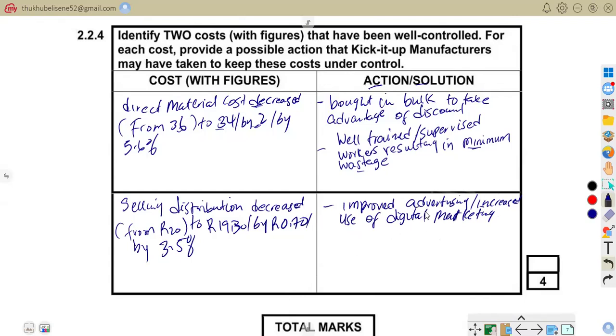So improved advertising can create awareness of our products, and you can see our cost went down from 20 to 19.30. Also, you can talk about paid less commission. Also, we can talk about negotiated lower rates with courier companies, or improved route planning. So that is that.